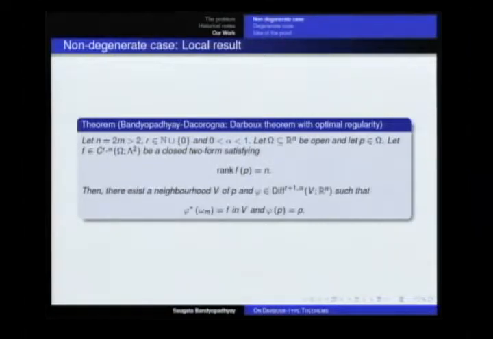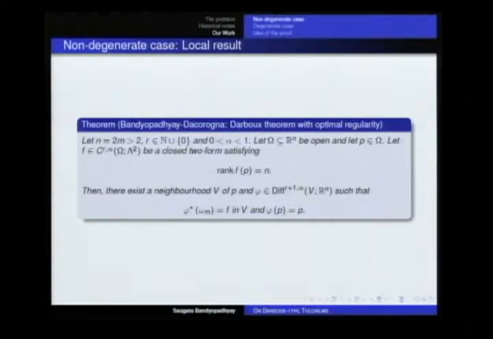Let n be an even integer, r the usual degree of regularity, alpha the standard Hölder exponent, omega an open set, p an element of omega, and let F be a closed 2-form that is non-degenerate at the point p, hence non-degenerate in a neighborhood. Therefore, there exists a neighborhood V of p and a diffeomorphism phi of class C^{r+1,alpha}, such that phi star omega is equal to F and phi(p) is equal to p. But the second condition is free. It's not very deep.